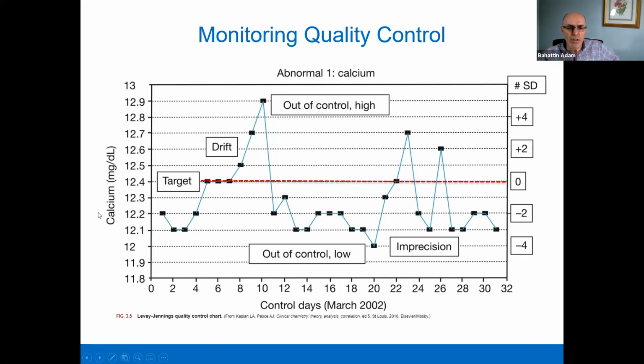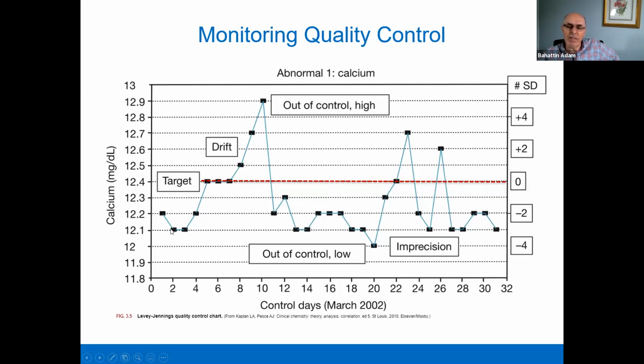And this is for calcium. As you see, the median value, the average of the calcium, is 12.4, and you see the one, two, and three standard deviations of the calcium.